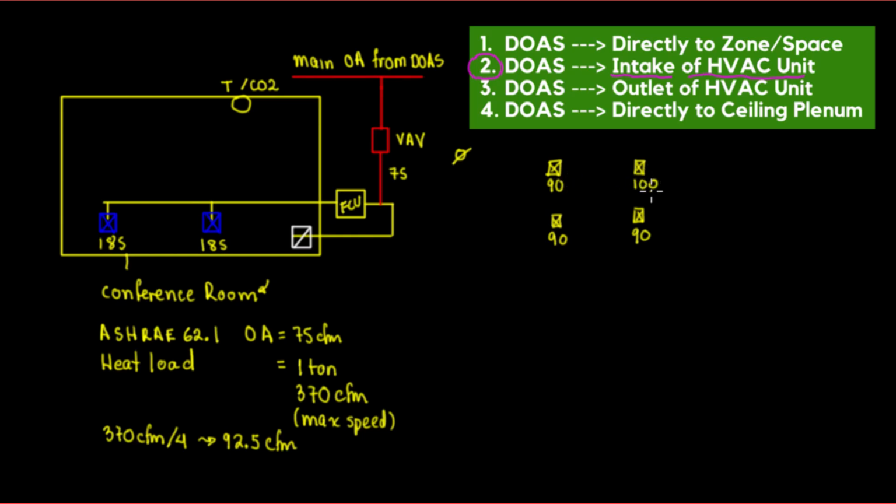So in total it's going to be 100 plus 90 plus 90 plus 90. So how much is that going to be? I'm going to put this in here just to make sure: 100 plus 90 times 3, that's going to be 370. So it depends on the distribution you want to give to your space. That's going to be the deciding factor.